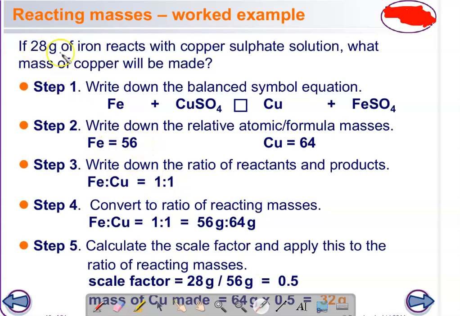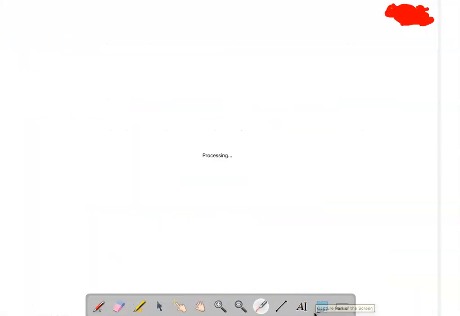The mass that has been given is 28, so divide that, and you get the number of moles. Because the ratio is 1:1, the number of moles of copper is also 0.5. Then we know that mass equals number of moles times relative formula mass. We know the number of moles of copper is 0.5, multiplied by the relative formula mass of copper, which is 64, and that should give you the mass of copper that will be produced.